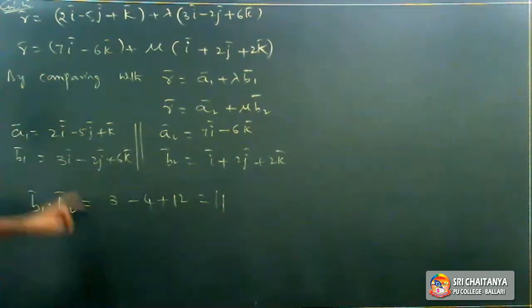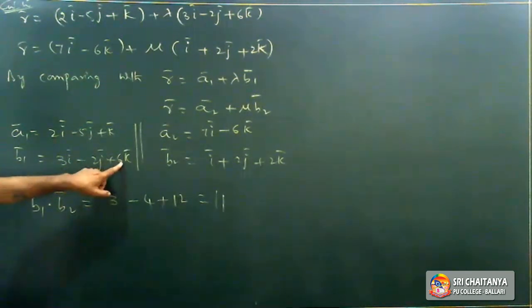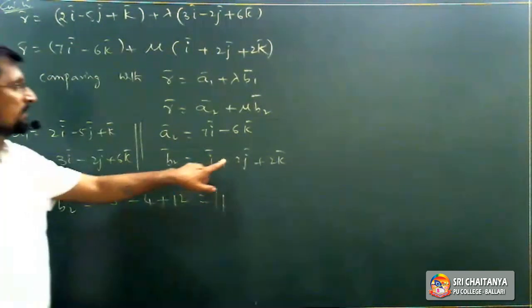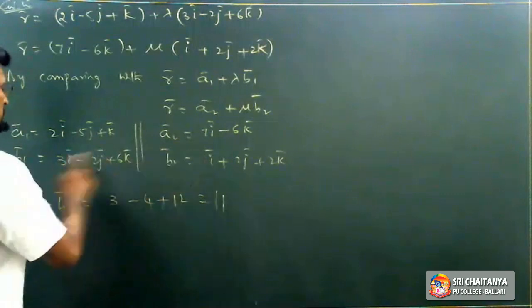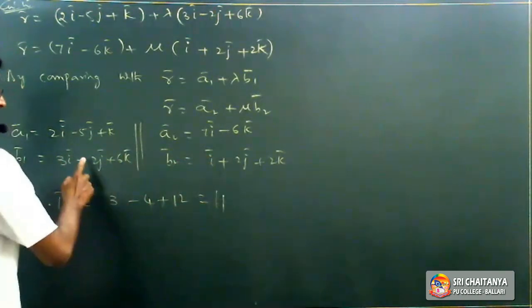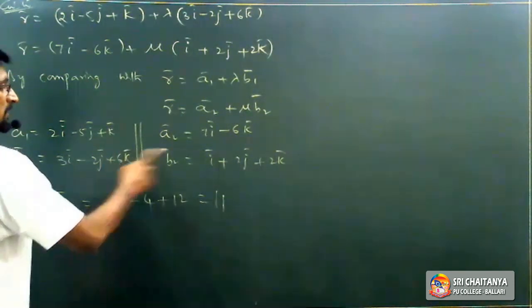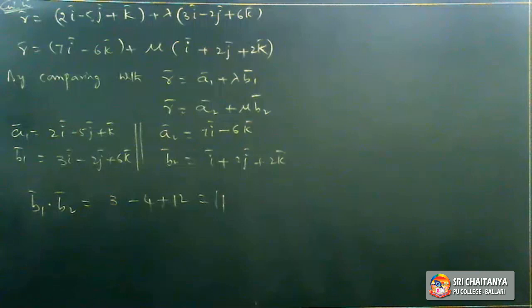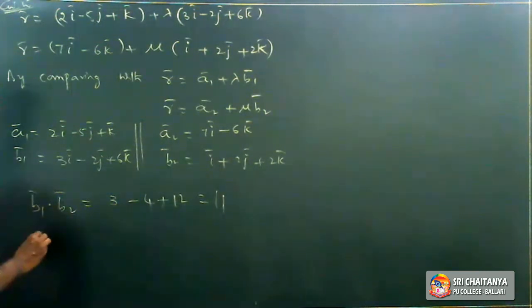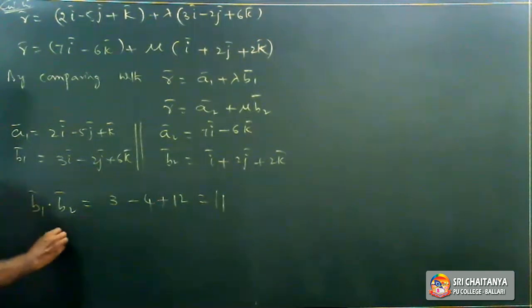I am going to repeat this. 3 into 1, 3, minus 2 into 2, minus 4, 6 into 2, 12, 12 plus 3, 15, minus 4, 11.